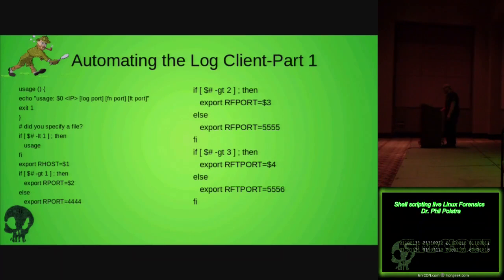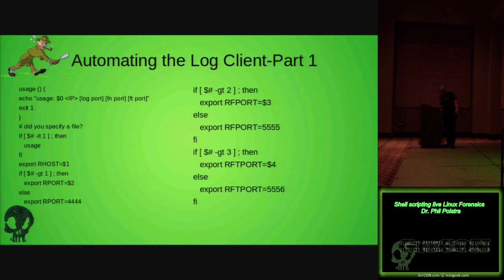What about the client? So on the client side, I have a little script that sets a couple of environment variables. Now, I will admit this is not the world's most sophisticated script. I could have done this different ways, but remember the goal here was to be simple and use the least amount of memory.